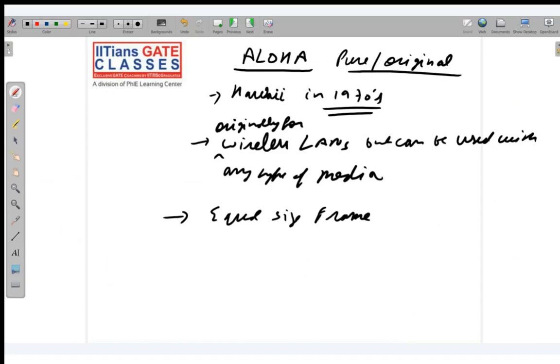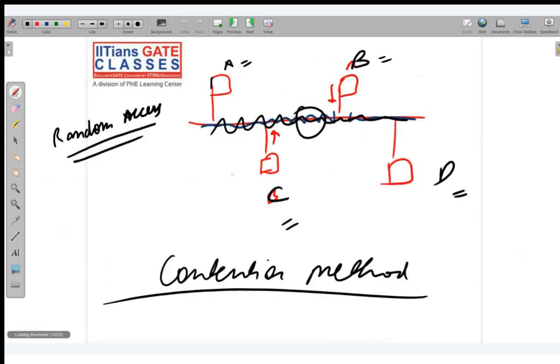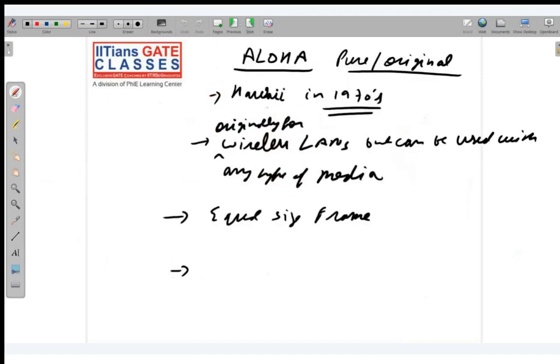The next important point is that whenever a station wants to send data, it can send it onto the channel. I told you in the beginning of random access protocols that whenever a station wants to send data it can send it, but collision chances are very high, so they have to execute some procedure or satisfy some condition before sending.